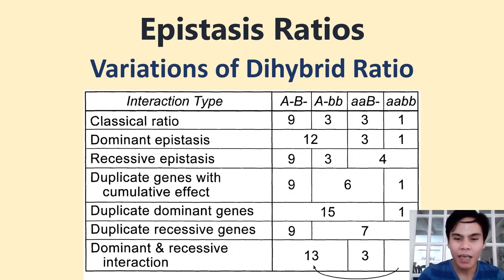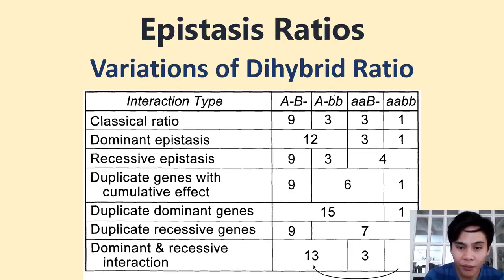For example, in your classical ratio 9:3:3:1, what if having dominant epistasis, meaning, okay, if you have the presence of at least one dominant allele on either gene, it makes the other gene express as dominant as well.